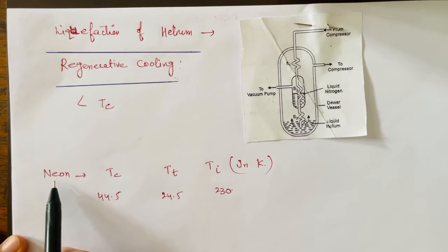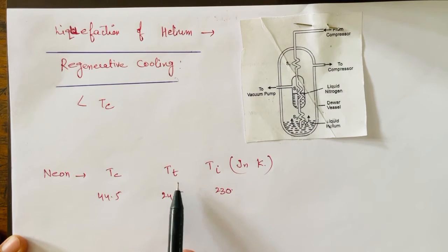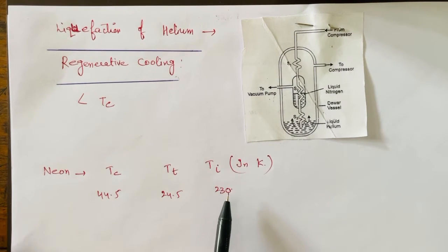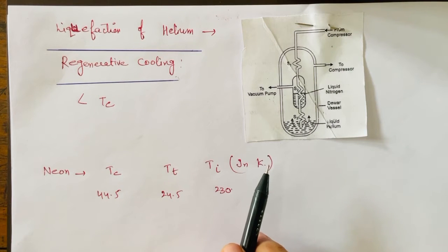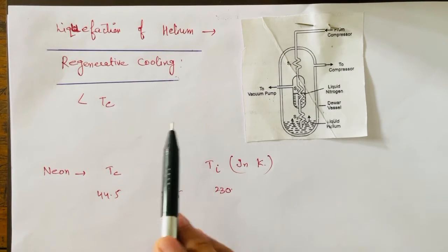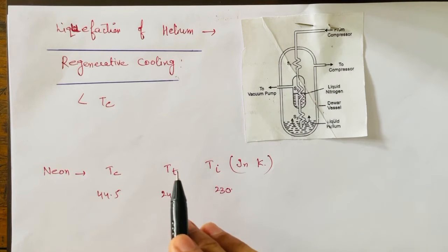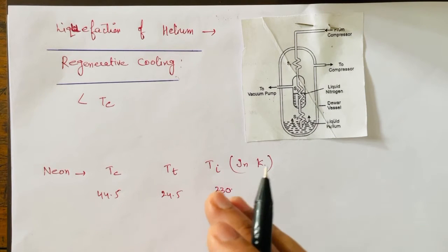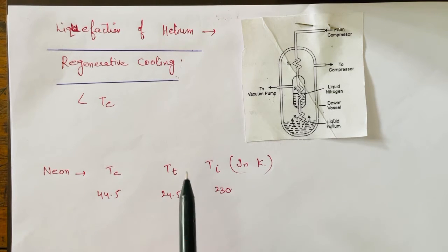For example, for neon gas, the critical temperature is 44.5, the triple point is 24.5, in kelvins, and the inversion temperature is 230 Kelvin. There are many methods for obtaining low temperature. One of the most powerful methods is to let a liquefied gas boil under reduced pressure.